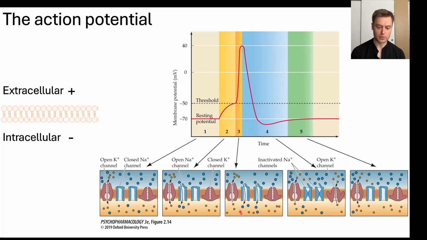Let's see here. What's another one that we can talk about? Why is it the case that although there are these open potassium channels all the time, so potassium can just flow in and out whenever it wants, there is still more potassium on the inside of the cell? Well, that's because of the sodium-potassium pump.